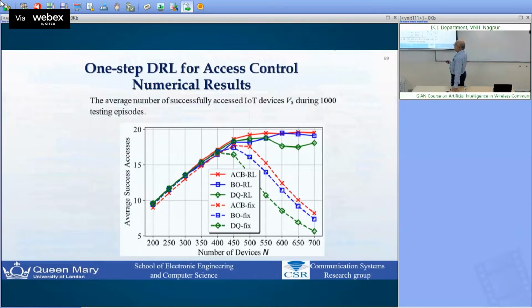Because when you have a smaller number of devices, success should be high. What would be the reason? I think I had to check the parameters because I think we changed the number of preambles.